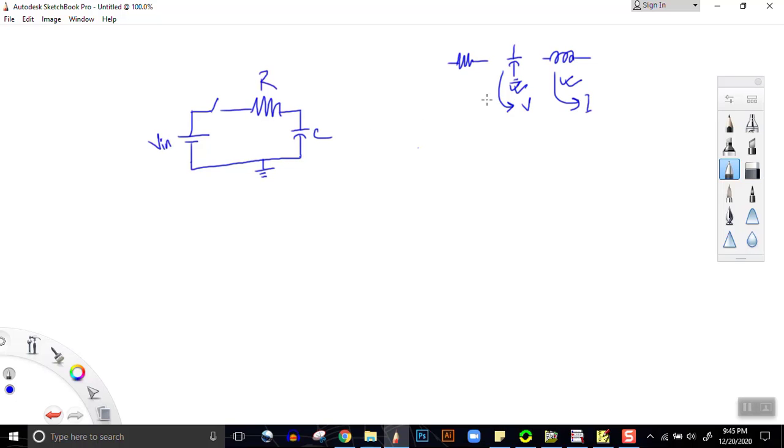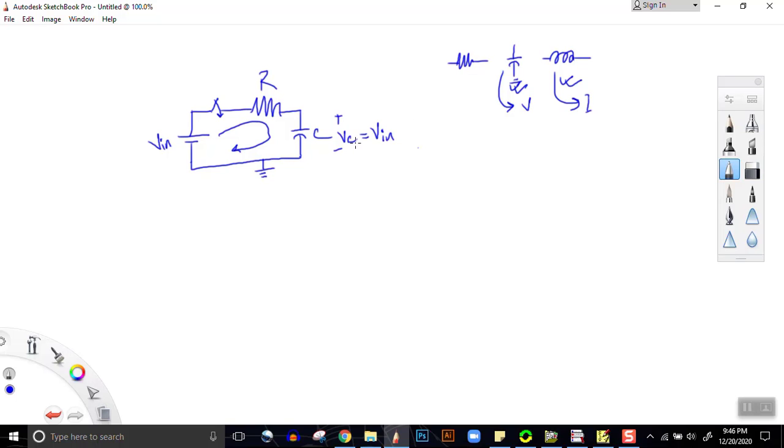Now what capacitor does is, capacitor stores energy in form of voltage. That is, if this switch is switched on, what happens? This current will flow through this circuit and the capacitor will be storing charge. The capacitor will keep storing charge until the output voltage of the capacitor becomes equal to V in.